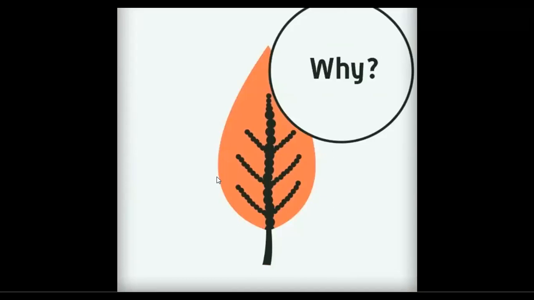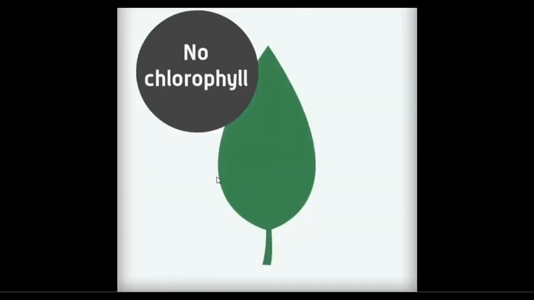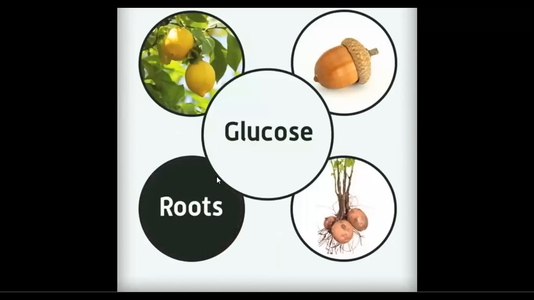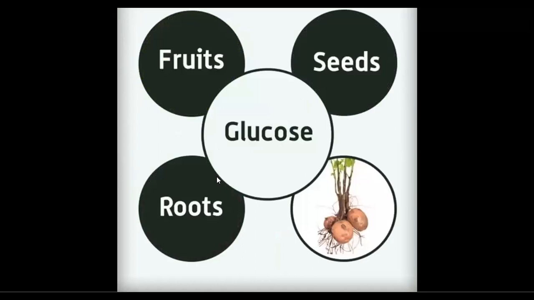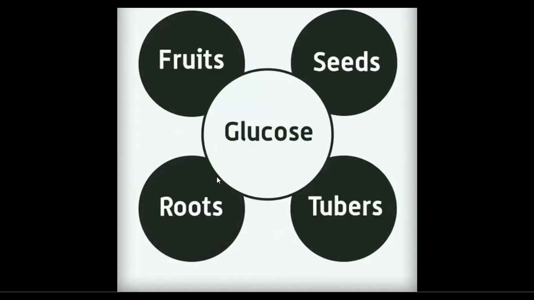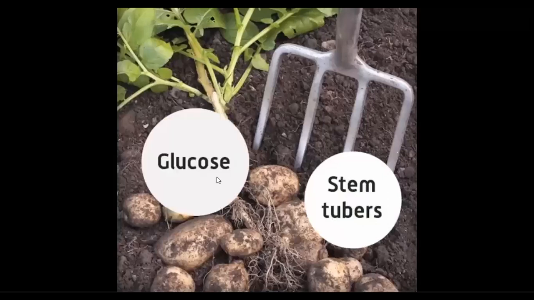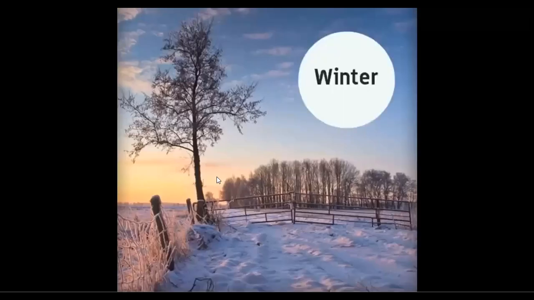They might have been kept in the dark, or they may not have contained any chlorophyll. Glucose can be converted into many other substances and transported around the plant to storage organs such as the roots, fruits, seeds and swollen stems called tubers. Potatoes are underground stem tubers. Such storage organs can supply the plant with glucose at times when photosynthesis is slow, such as in winter.